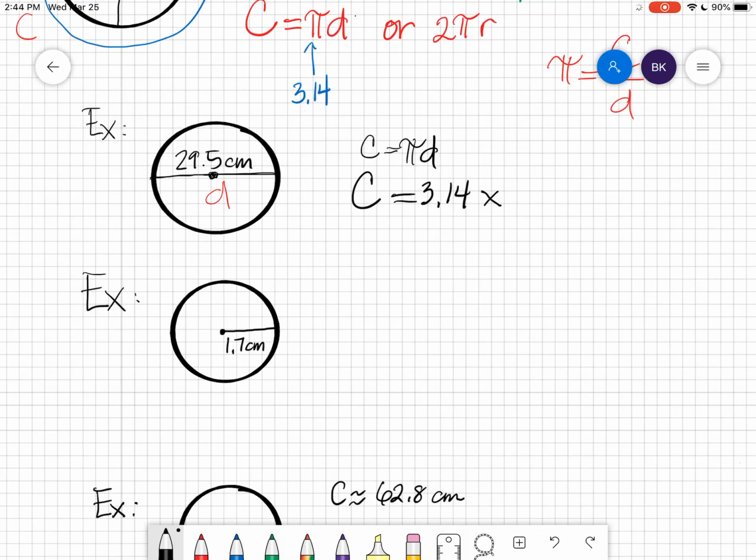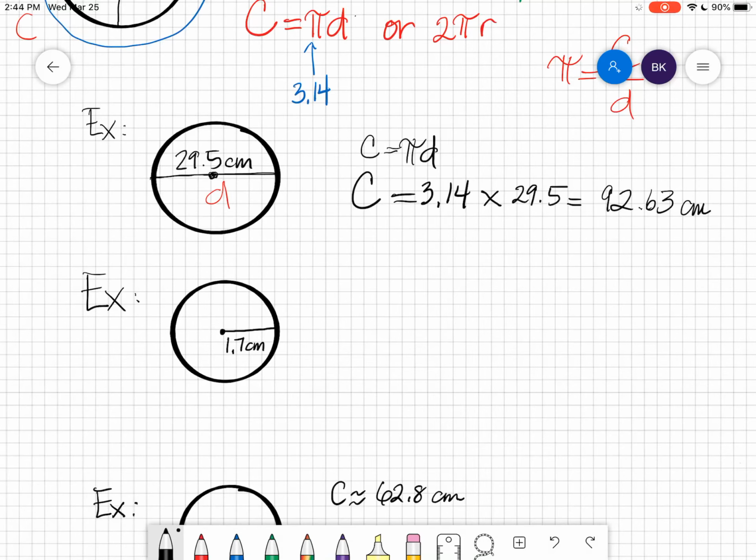Times d, which is 29.5. When you multiply the two together, the answer will be 92.63, and that would be centimeters. Again, you need to see what it's asking you to round it to. This is rounded to the nearest hundredth.